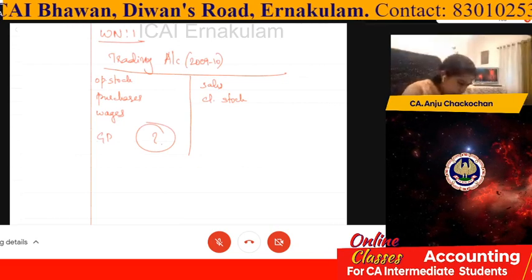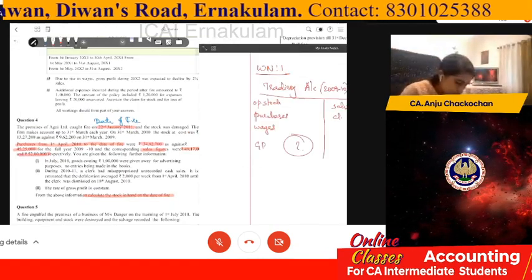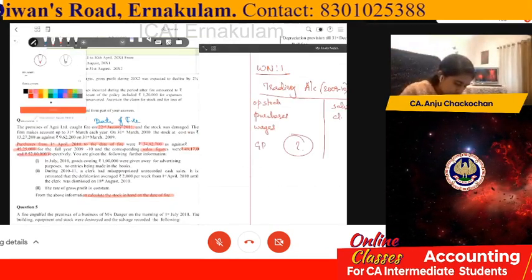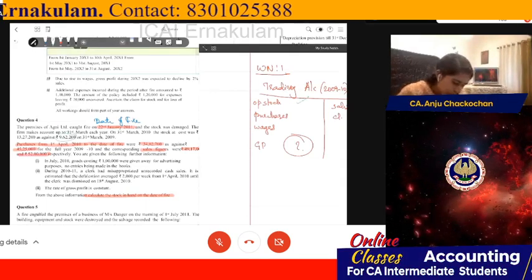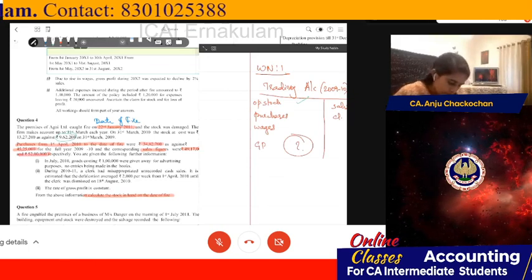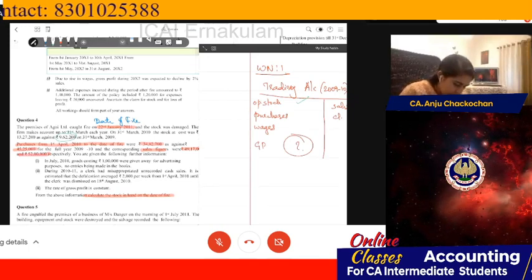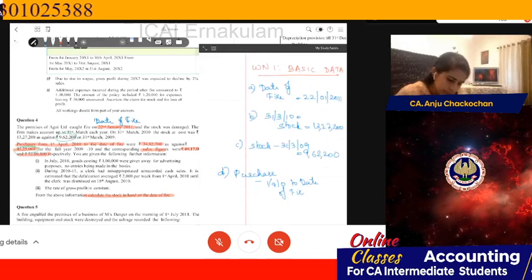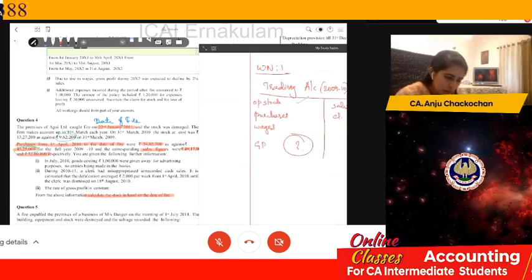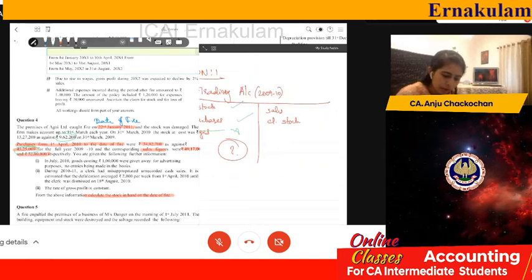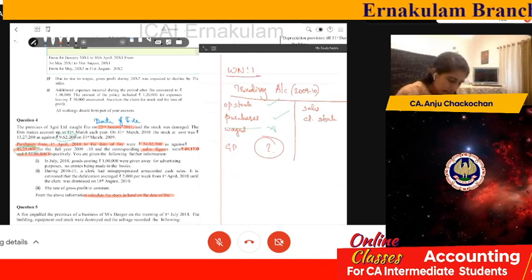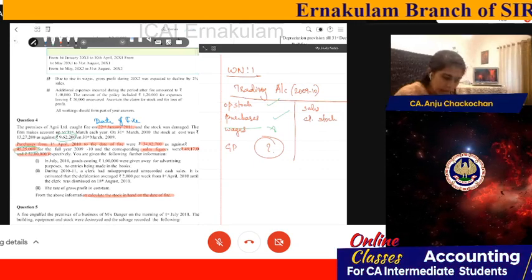Opening stock is 9,62,200. Okay, we have that here. Purchases is 45,25,000. Here we have that as well. Wages, it is not mentioned in the question, so you don't have to write that. Sales, it is 52 lakh.